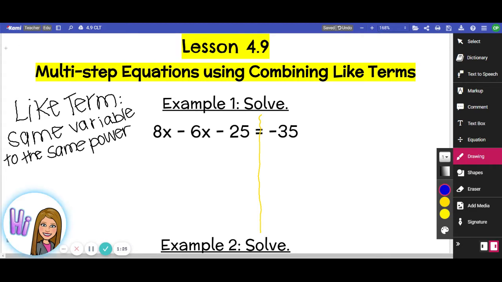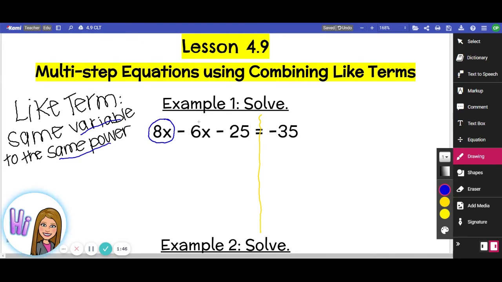So I like to use a strategy called shape coding, and I'm going to go through and shape any term that has a variable to the same power, like the x. I'm going to circle any term that has x to the first power with a blue circle.